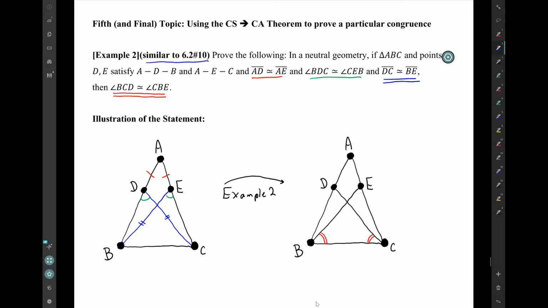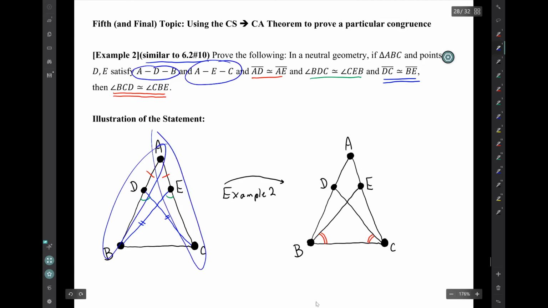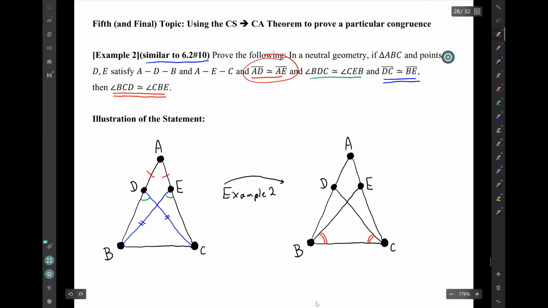It says the following: in neutral geometry, if a triangle ABC and points D and E satisfy all these conditions, D is between A and B, and E is between A and C, and AD is congruent to AE, marked in red, and angle BDC is congruent to angle CEB, marked in green, and segment DC is congruent to segment BE, marked in blue.